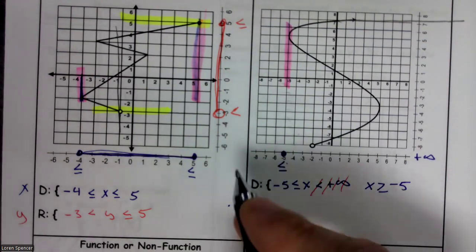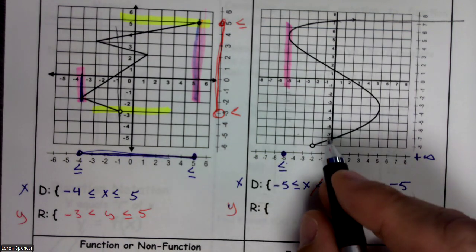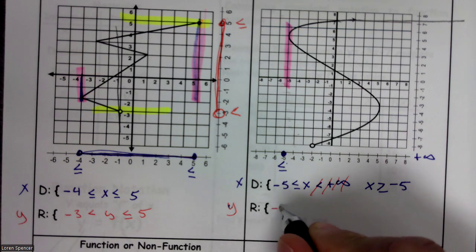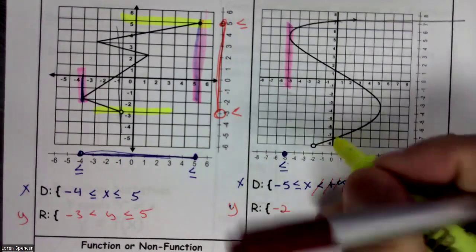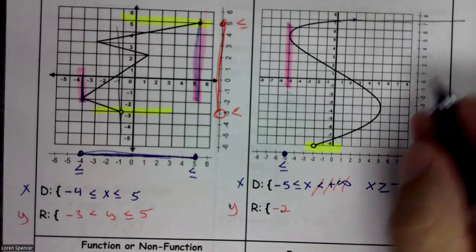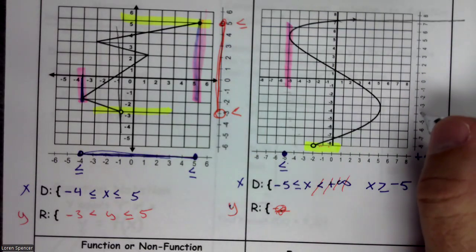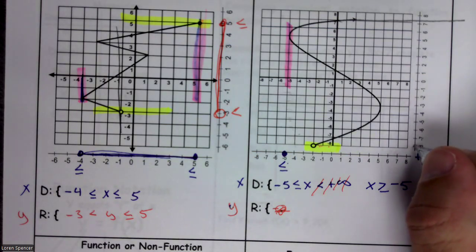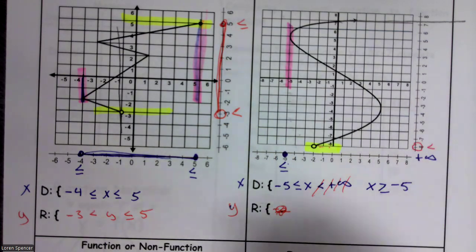All right, the range, that's the y values. The range is the y values, and the lowest value happens to be negative 8. We see that because we draw to the y-axis. Negative 8 is a hollow, and hollows get a less than symbol.